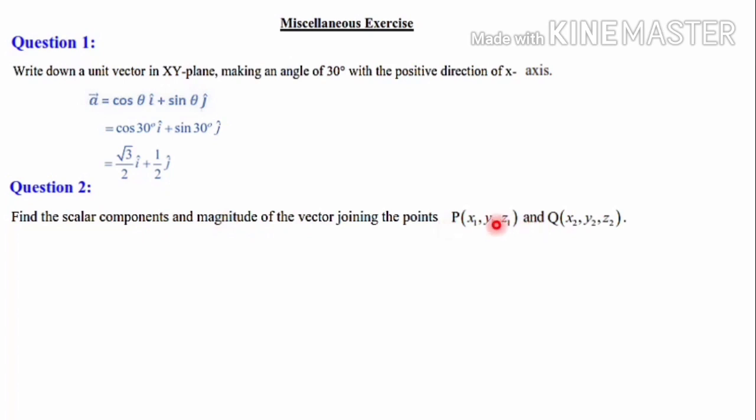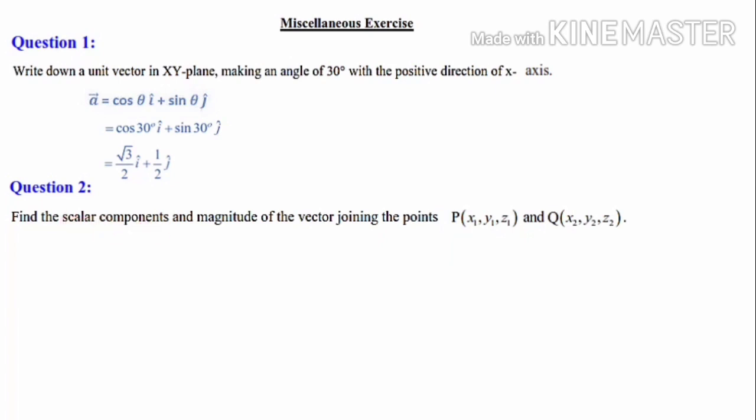First of all, we have to write vector PQ. We know that it is the second point coordinate minus the first point, that is x2 minus x1 into i cap, then y2 minus y1 into j cap plus z2 minus z1 into k cap.